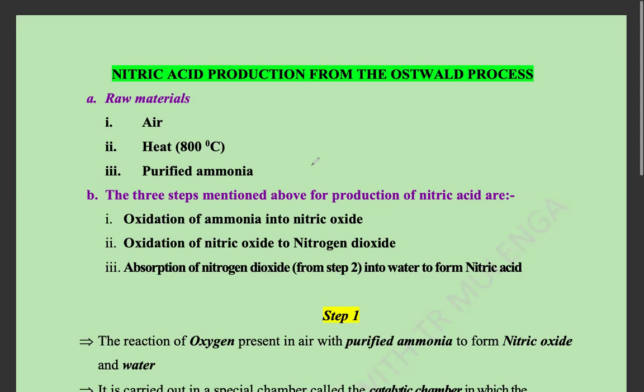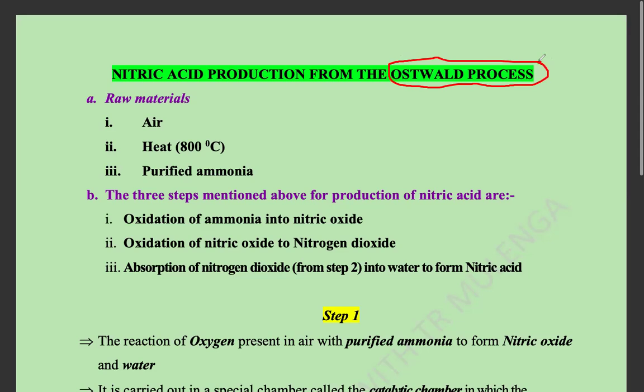Above that, we also have some processes, some reaction schemes rather, that are studied in chemistry, even in science, and these reactions are actually named after the people who invented them. So today, I want us to look at this reaction called the Ostwald process. The Ostwald process is used in the manufacture of one of the acids that we know.